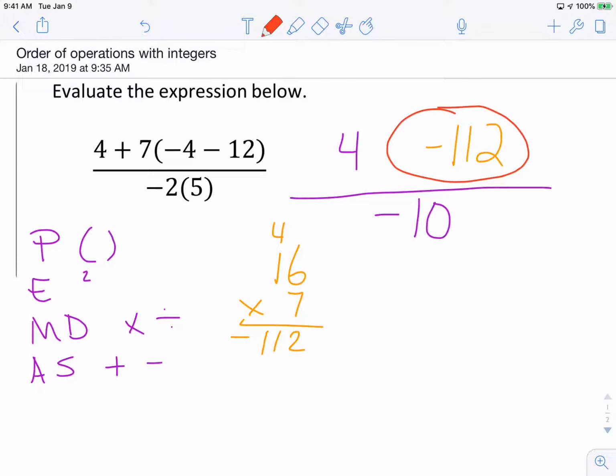It's negative. If I have a positive and a negative, I subtract, but the sign is going to reflect the biggest number. So in this case, 112 is my largest number, and it just happens to be negative. So my answer is going to be negative.